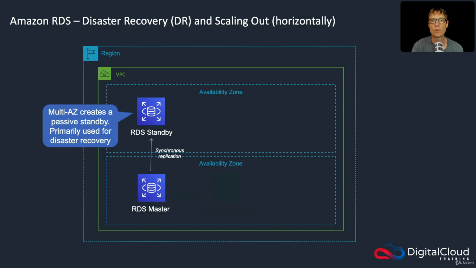Outside of disaster recovery, the other thing I'm going to show you on this slide is how you can scale out. So we scaled up in the last slide where we changed our instance type and we gave it more CPU and memory, and we can give more storage as well. Scaling out is where you add an additional database. In this case, it's called a read replica, and it's only used for reads. So it uses asynchronous replication.